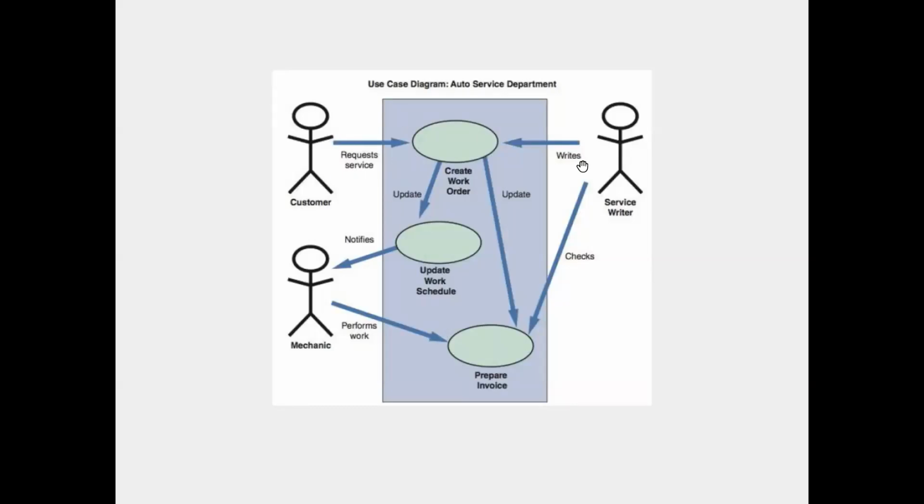So both of these actors initiate create work order, which will eventually work on other use cases. For example, once we have create work order, it should update the work schedule. At the same time, it should update prepare invoice.